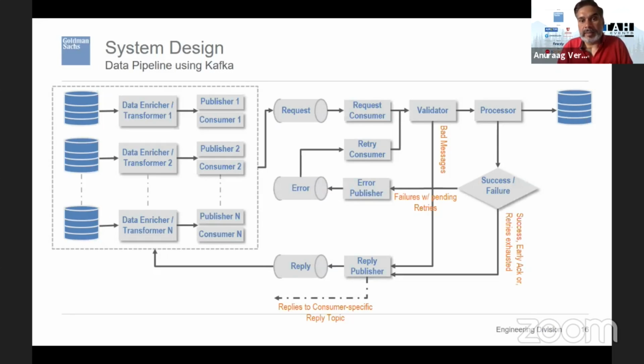So let's quickly jump into the system design that we have, right? So like I said, we had multiple data sources which had their own data models. Different documents were sitting in different data stores. So that's where we start.